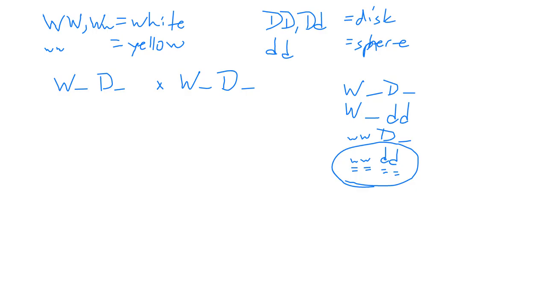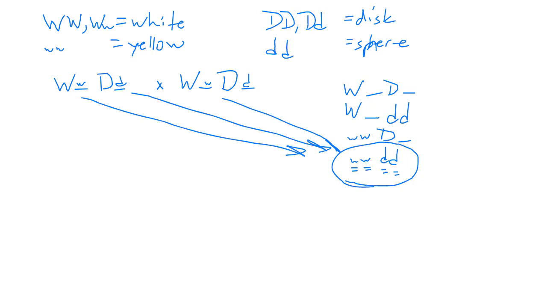So remember that in order to express the recessive characteristics, you have to get the recessive allele from both parents. So both parents are carrying the recessive alleles. Then we already know that we have to have little w and little d from each parent, because these four alleles end up in this offspring.